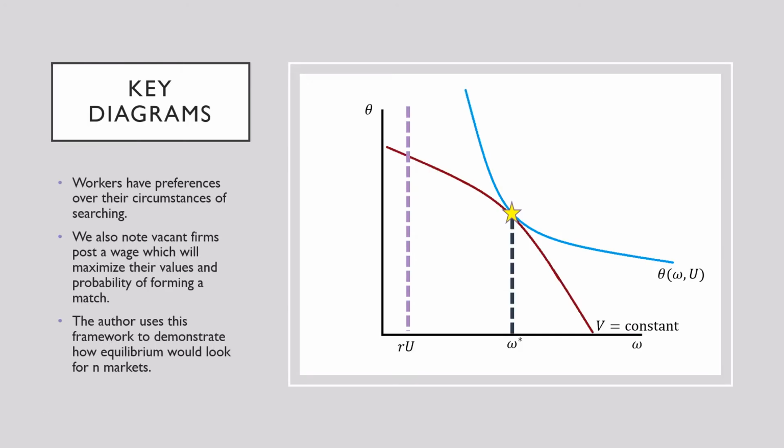So the key diagram that we are going to use is this one here. We have our labor market tightness on our y-axis and our wage on our x-axis. We have this concave brown curve here with a V, which is the value of our firm posting a vacancy, and it is a concave curve. And we have these indifference curves, which are faced by our workers.